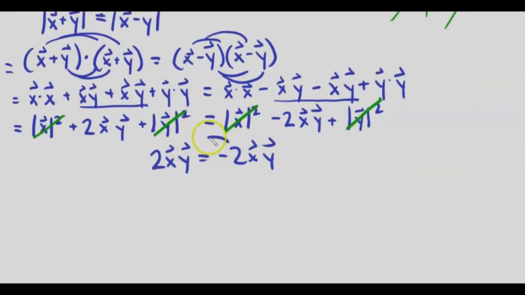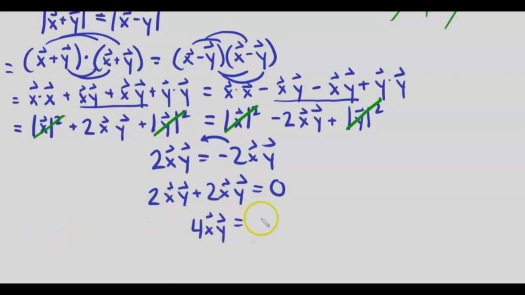Okay, let's go ahead and bring this over. So that gives us 2 vector x vector y plus 2 vector x vector y. And we can equate that to 0 because nothing is left on the right-hand side. So when we add these, we get 4 vector x vector y equals 0.